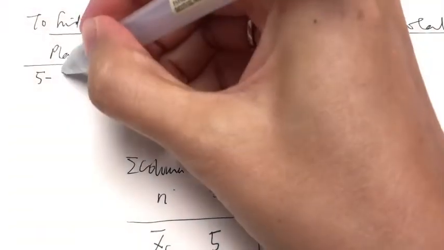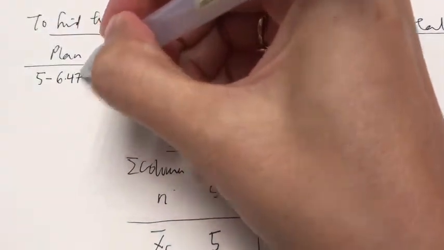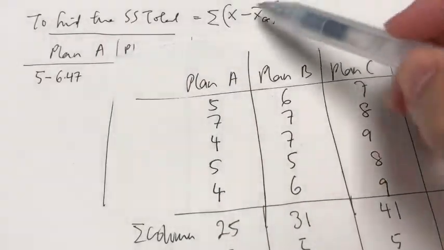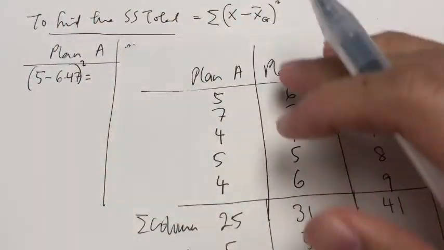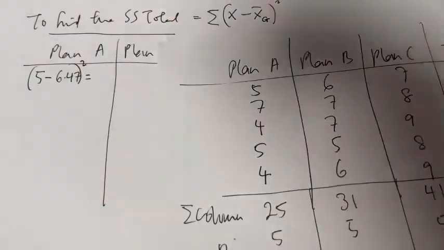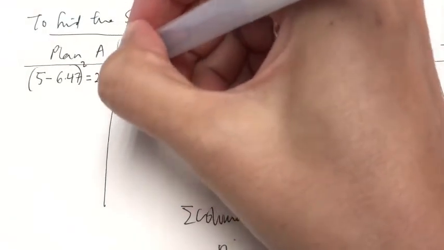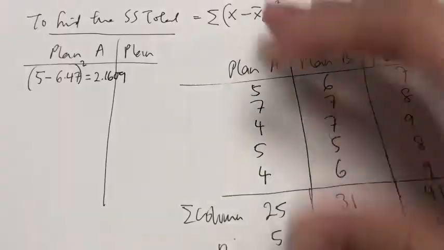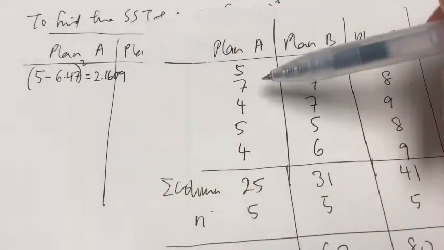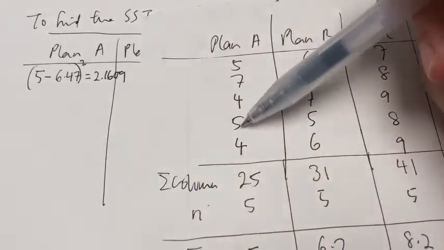What was our grand mean just now? 6.47, right? So minus 6.47. Because we want to find the sum of squares, we square the difference first. So you can get your calculator, and basically we'll get 2.1609. Do it for the entire column, so do it for 7, 4, 5, and 4.